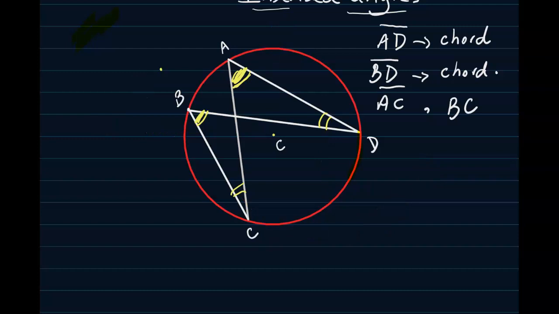These two inscribed angles share the same arc. Notice that the arc opposite to angle C is arc CD, and angle B, which is right here, has the same opposite arc CD.